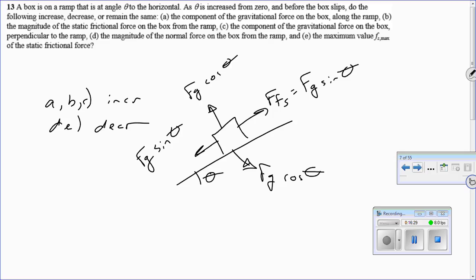All right, so that's all of our forces, right? Parallel component, perpendicular component. Your normal force has to equal your perpendicular component. And if it's not moving, your friction has to equal your parallel component, right? Okay? So, let's see. C, the component of gravitational force on the box perpendicular to the ramp. As your angle gets larger, that should totally decrease.